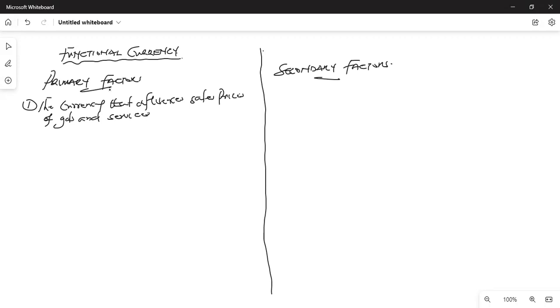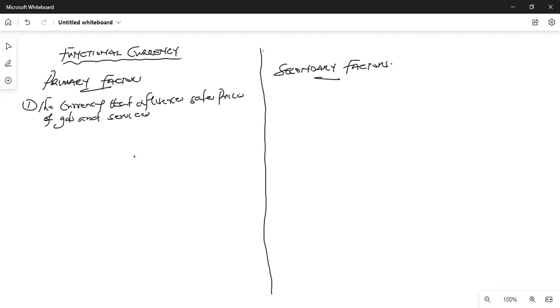So which currency influences the selling prices of the entity, of the goods and services that they are rendering? Is it the dollar? Is it the cedi? So that is the primary aspect.